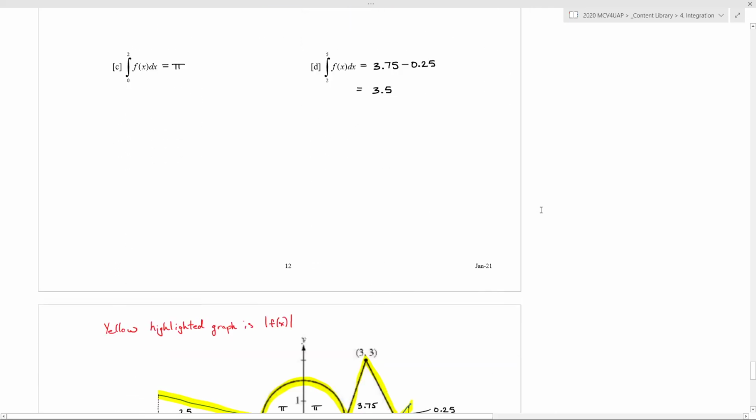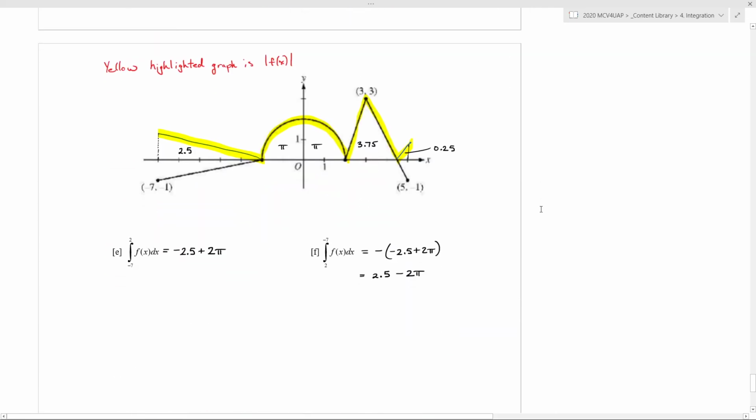Okay, the next part of that question, part E. I redrew the diagram, and I also drew this function here that I then highlighted in yellow. The yellow function is the absolute value of f of x.